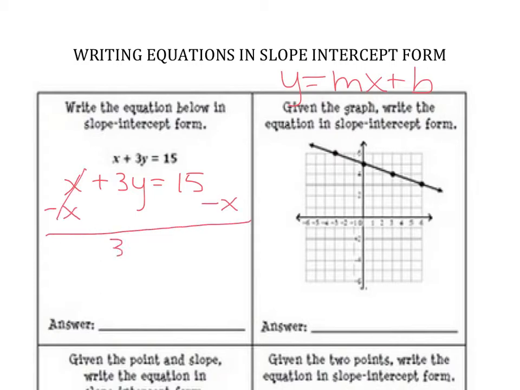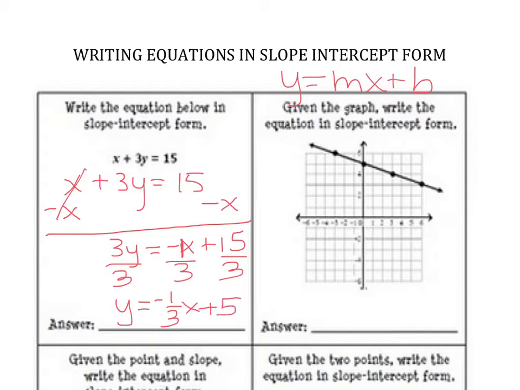Okay, so that's 3y equals negative x plus 15. I'm going to put a 1 in front of that x, just so you remember it's 1x. Divide everything by 3. So this is y equals negative 1/3 x plus 5.